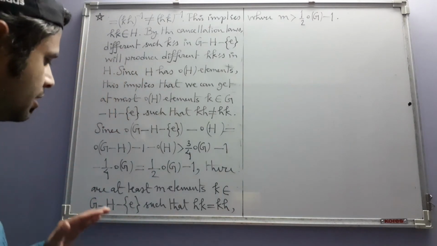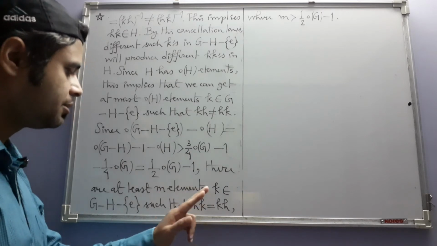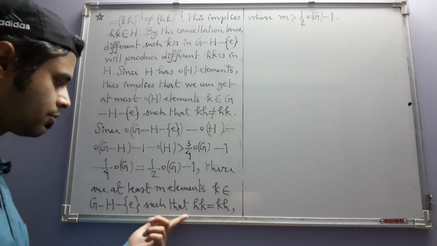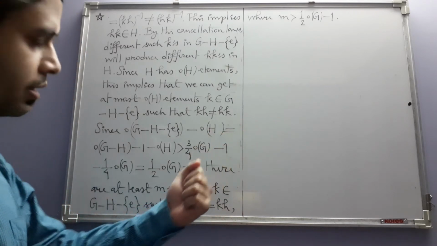Anyway, so now this. So what are we saying now? There are at least m elements in this set that commute with H, and we have a lower bound for m.